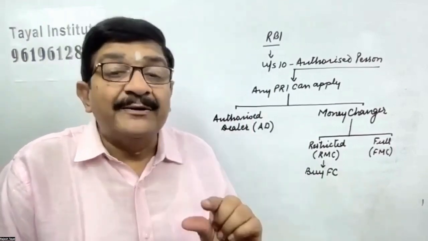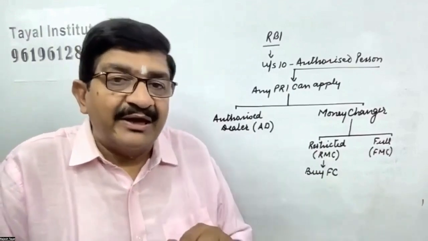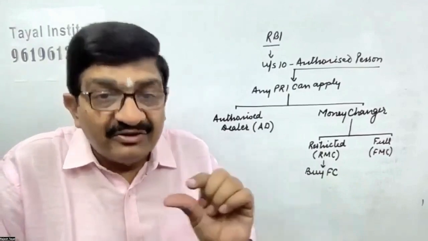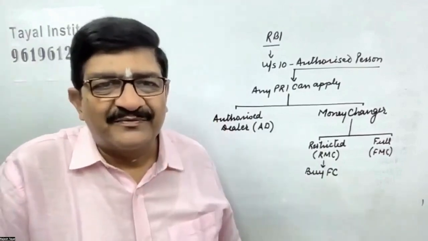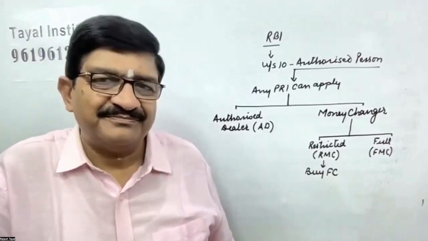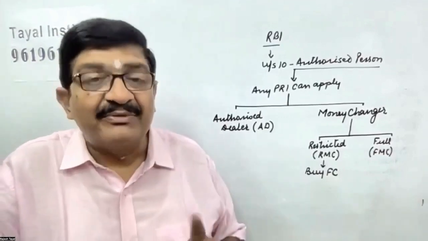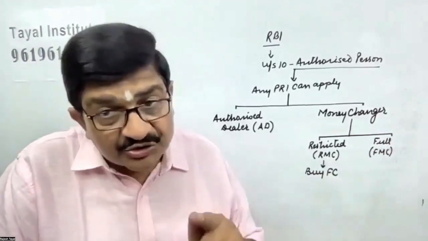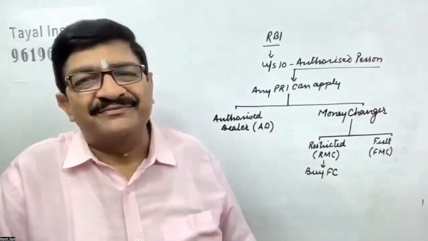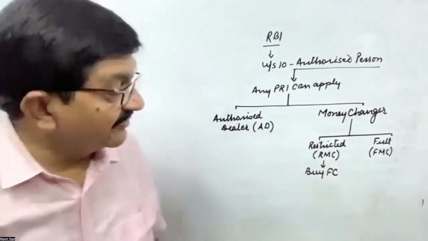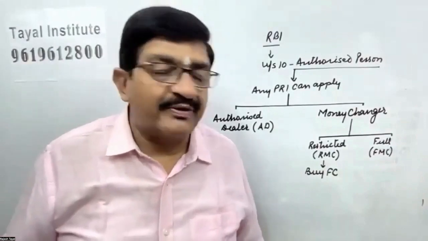The difference between the price given by RBI and the price quoted by the money changer, that is his margin. And by chance, if there is a fluctuation and the price falls, which doesn't happen generally, the loss should also be borne by the money changer. RBI doesn't bear the loss. So that's why RBI gives permission for a profit margin.